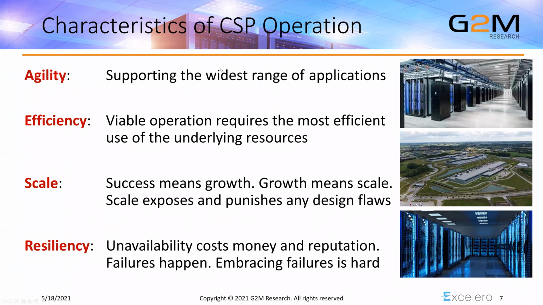Okay. So what are the defining characteristics of CSP operation? There are many, and some of them Mike mentioned, but I think that these four are very important, especially when we talk about underlying storage infrastructure. Agility means that for CSPs, there is no way to assume anything about an application stack running on a node or in a rack.